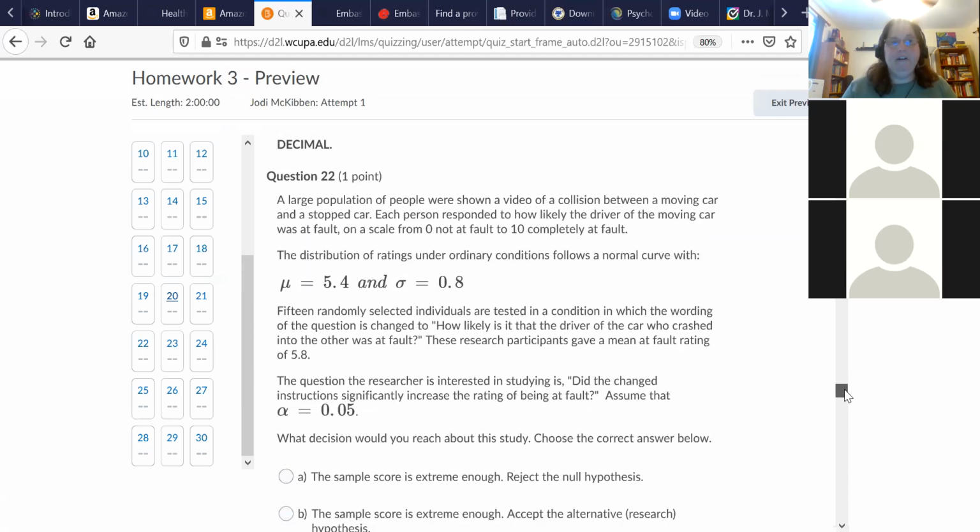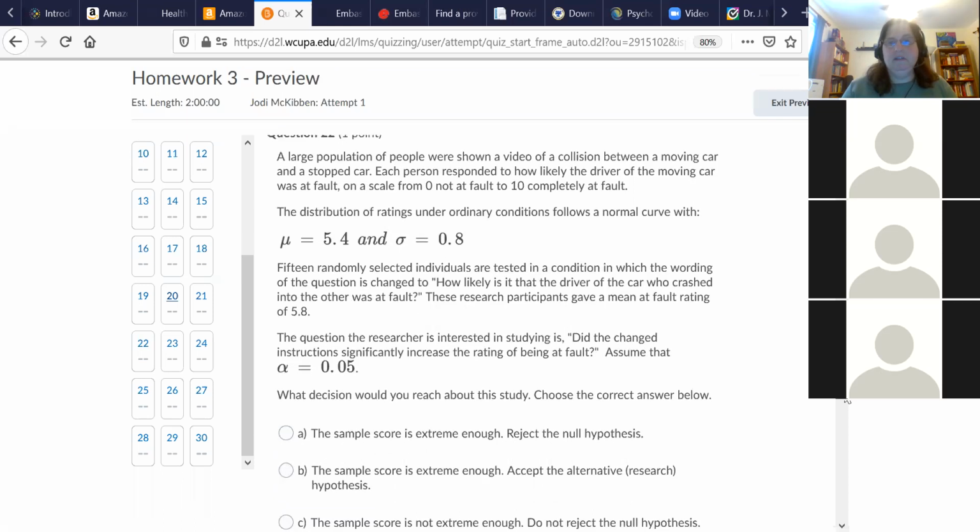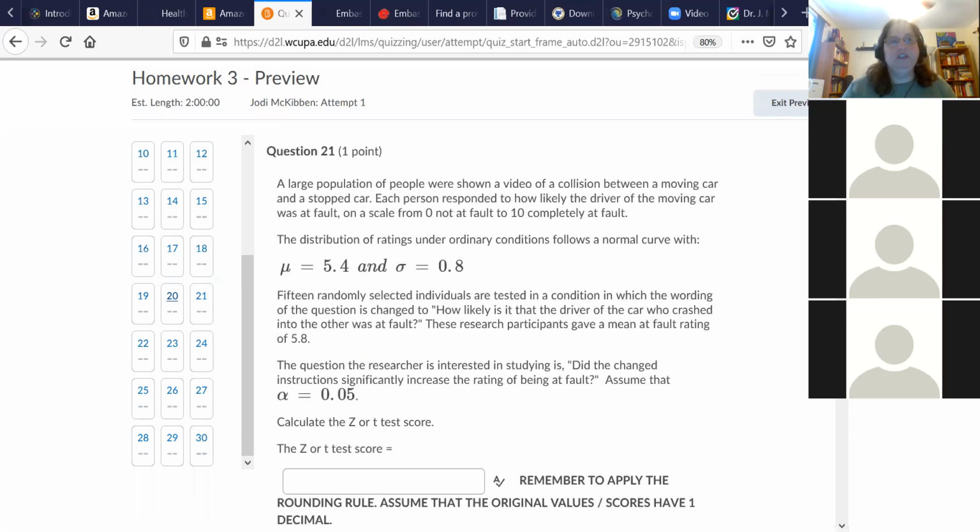Okay, all right. Can you repeat that one more time? Of course, yes. So the process of calculating this one: I'm already given 5.8 is the x bar, 5.4 is the mu. I have my standard deviation. I need to get my standard error.